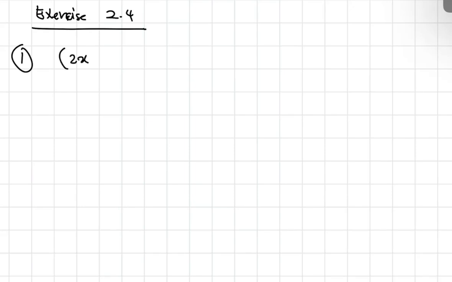So this is exercise 2.4, number 1. We have (2x − 1)dx plus (3y + 7)dy equal to 0.